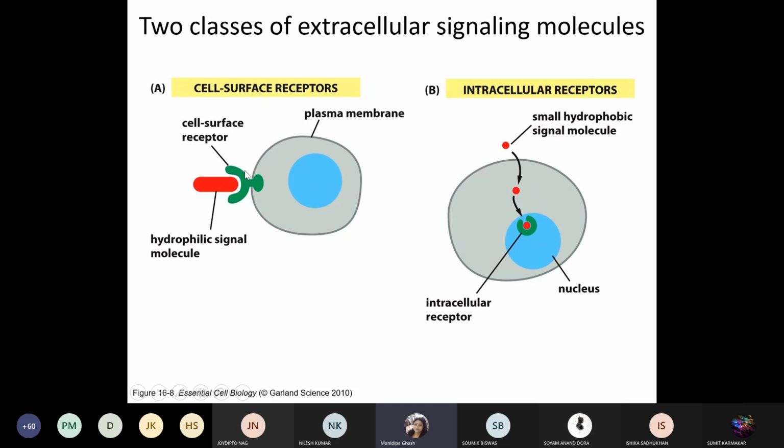That is, outside the cell, when the receptor interacts with the signaling molecule, the signaling molecule switches the signaling on, and the intracellular signaling cascades follow. And the small hydrophobic signal molecules, which are taken in without the intervention of a surface receptor, whenever they enter the cell, interact with the intracellular receptor, and the intracellular signaling cascade gets triggered.